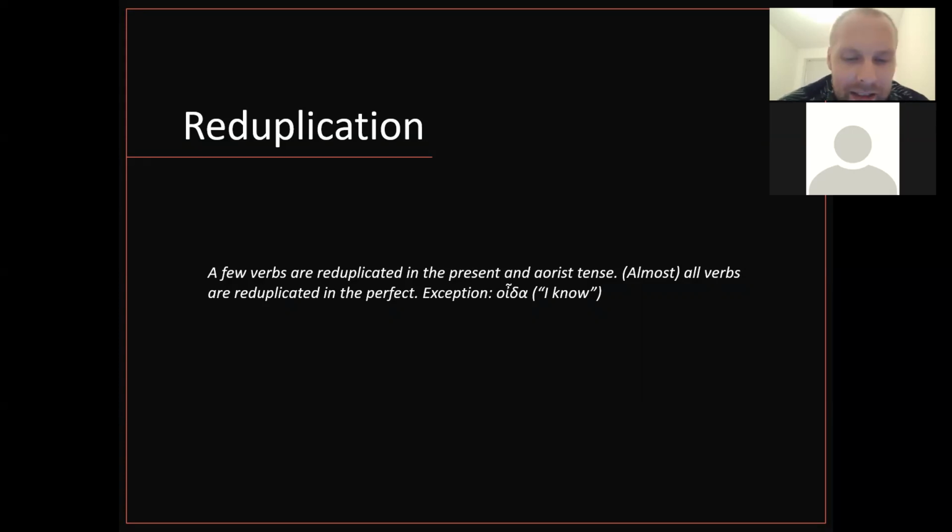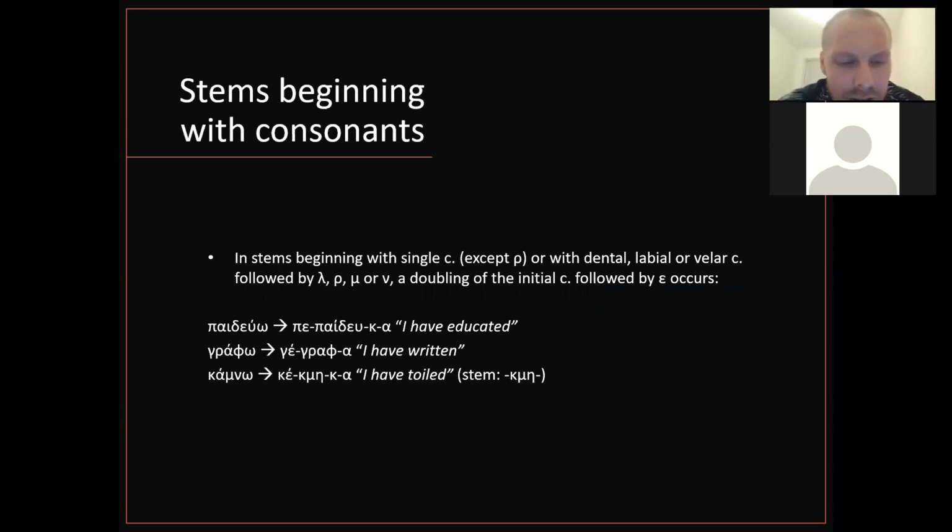And the way this reduplication works is as follows. When the root of the verb begins with a single consonant, except if that consonant is rho, as well as when the root begins with a dental, labial, or velar consonant followed by a lambda or a rho, or by a nasal, then the reduplication takes the form of a doubling of the first consonant in the verb stem followed by an epsilon.